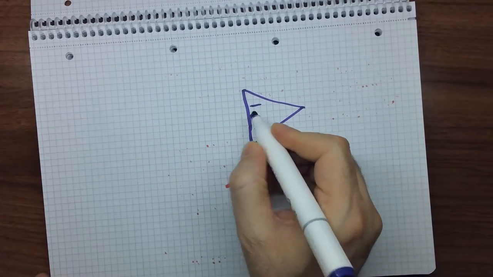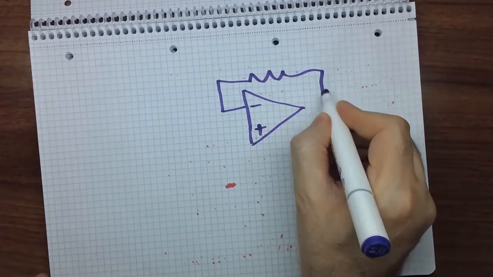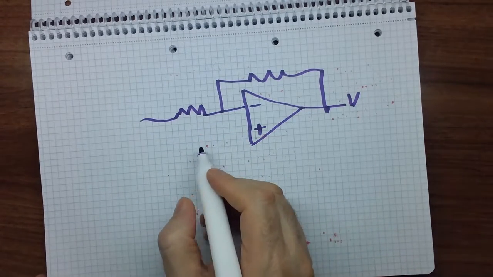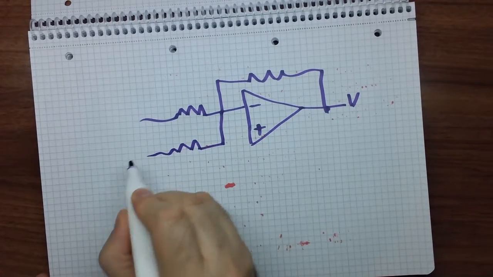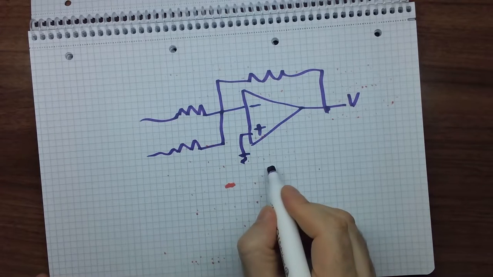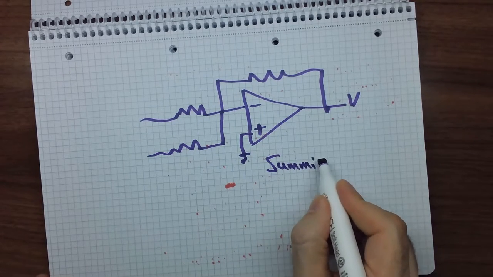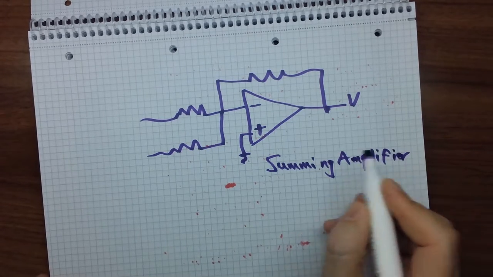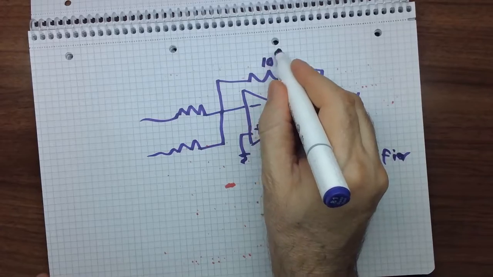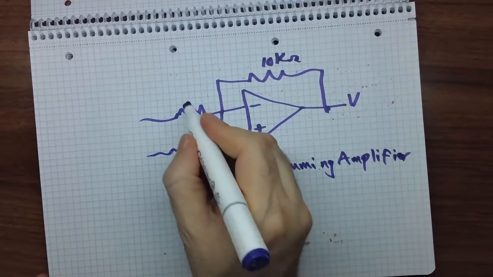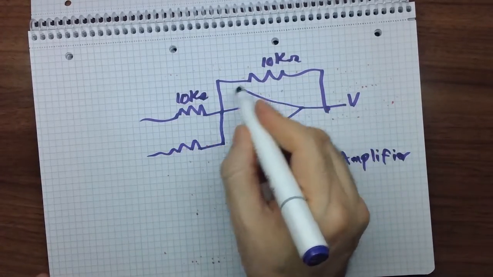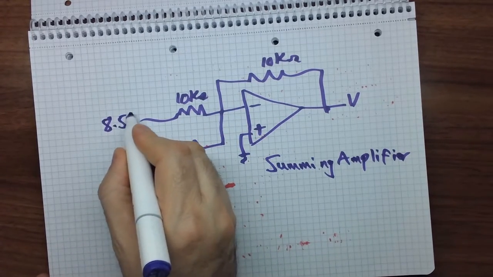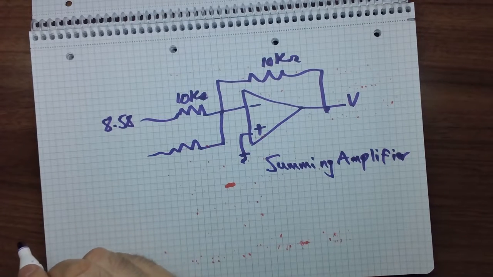This is the minus, this is the plus, this is VO, this is the first resistor, this is the second resistor here, and this is ground. This is the summing amplifier. So choose this to be 10 kilo ohm, this 10 kilo ohm, so the gain here is 10 kilo, so we can choose this as the value of B.